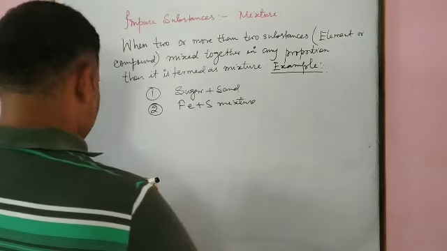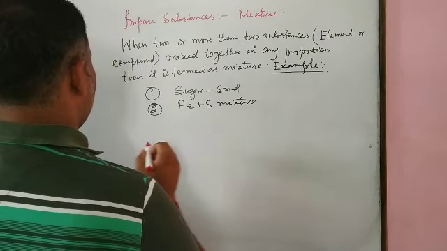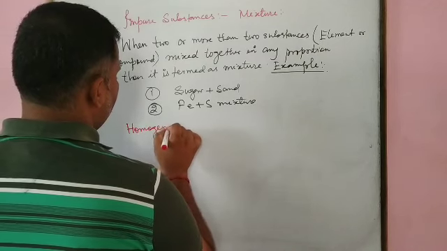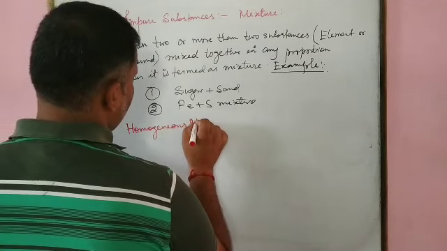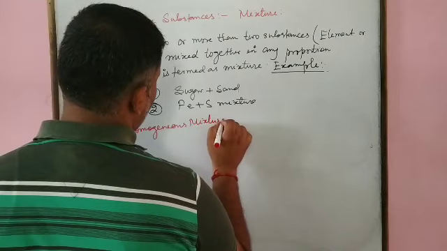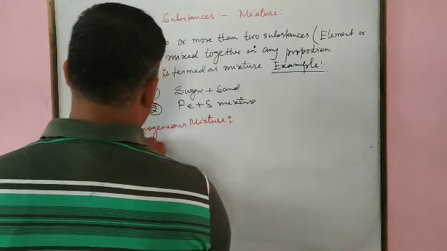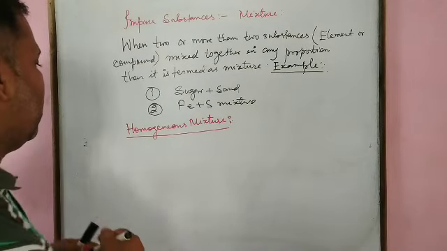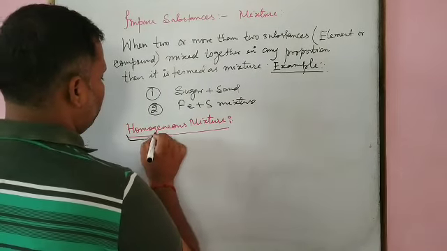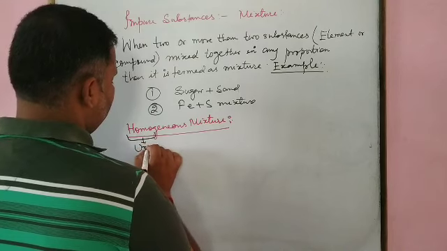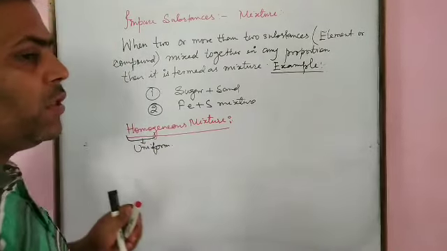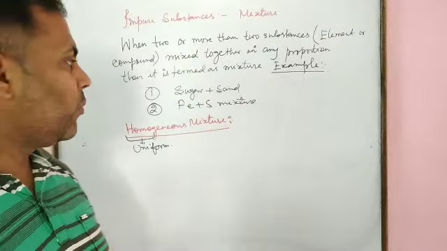The first one is homogeneous mixture. As the name indicates, homo means uniform. Uniform means it has same composition.